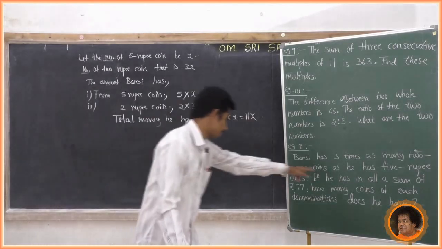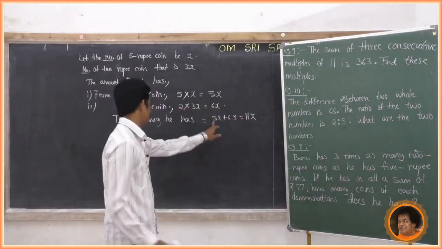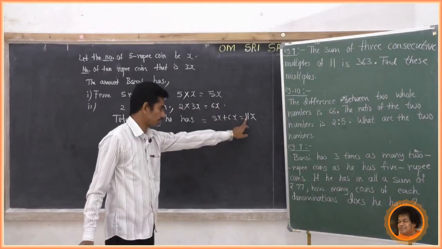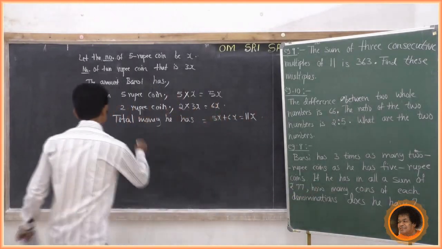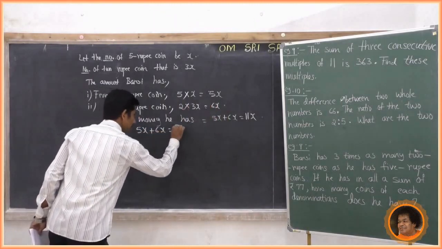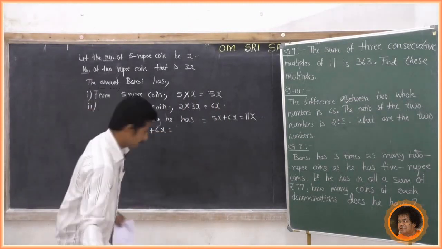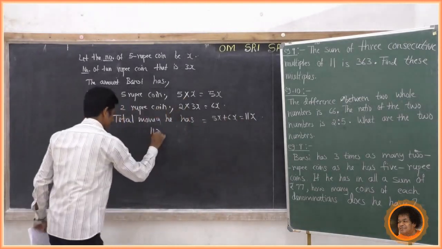Now come to the problem. If he has in all a sum of rupees 77, the sum is 11x.